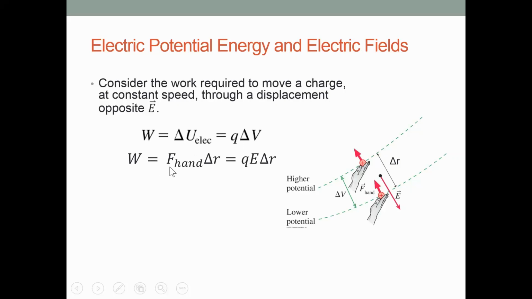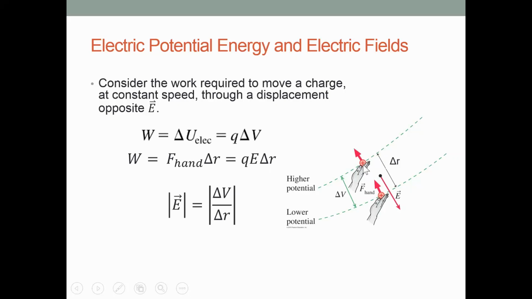That means the work, which is also force times distance, so force times change in r, as from first year physics, is equal to charge times electric field times delta r. This is the same as q delta V, so we just replace this part of the equation with E delta r. The magnitude of an electric field equals the change in potential over the distance.